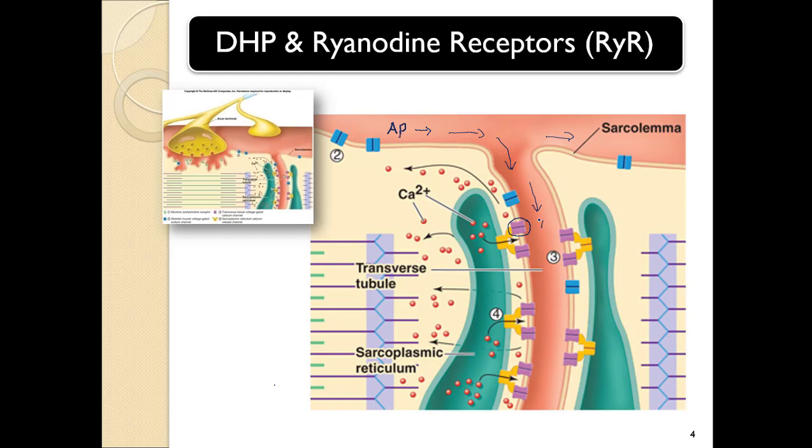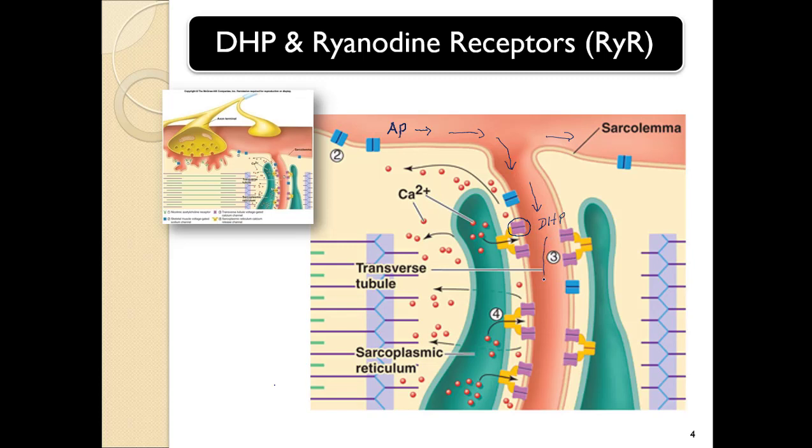These are called dihydropyridine. We abbreviate that as DHP, so that's what you need to know. These DHP receptors are voltage gated. You can probably write that down as well. They're voltage gated, meaning that the action potential, which is a voltage potential, will trigger them into action.